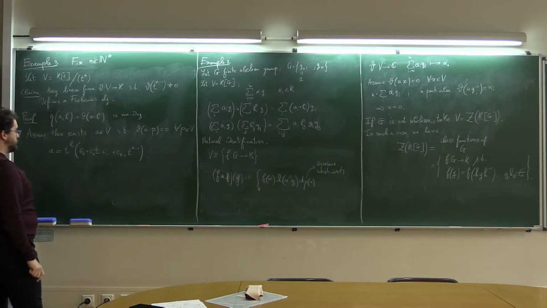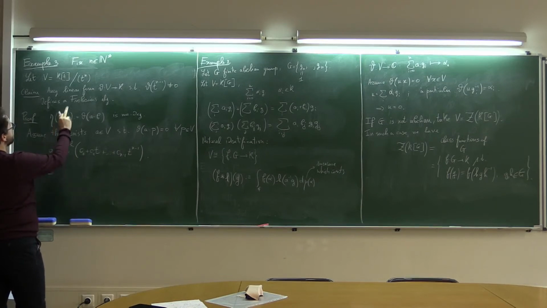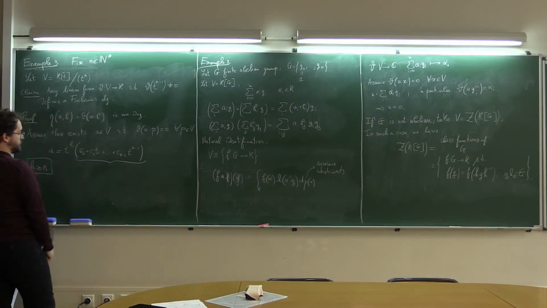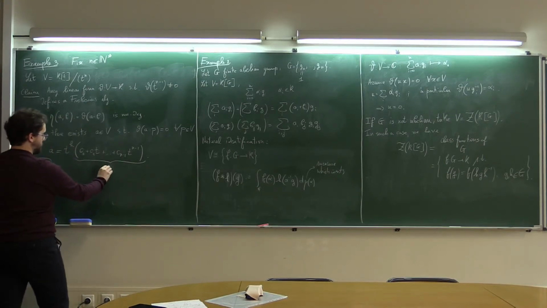So I claim that h must be greater or equal to n. And in such a quotient, automatically, this means that a is 0. How to prove this? Well, let's call this polynomial phi of t.